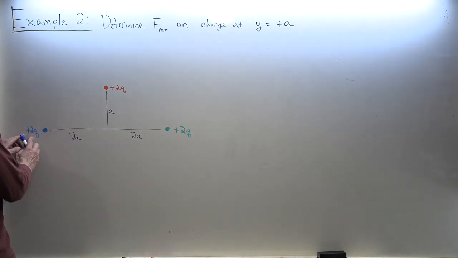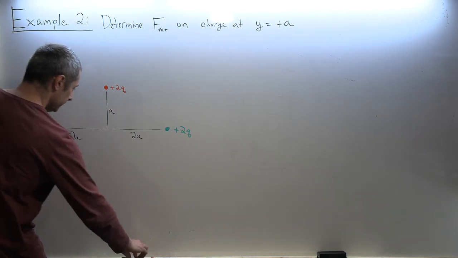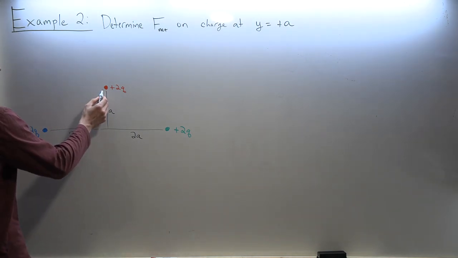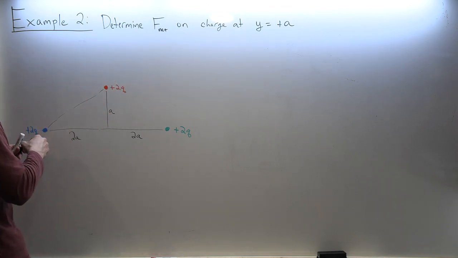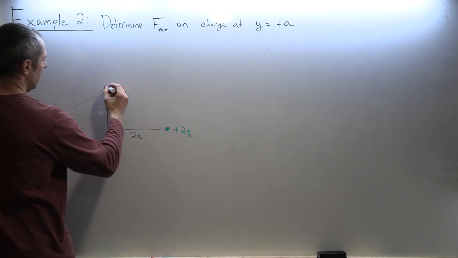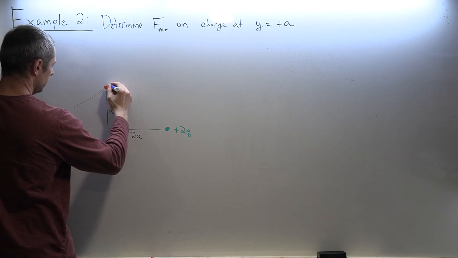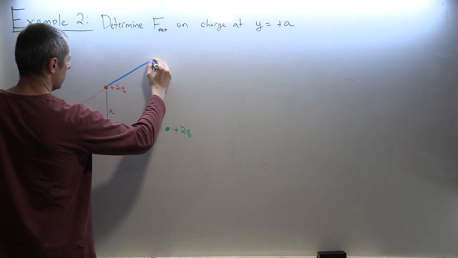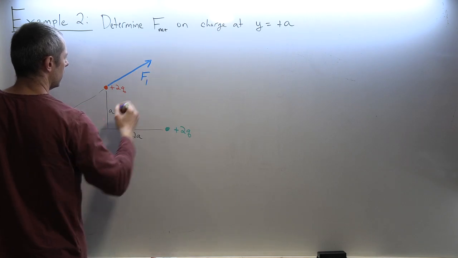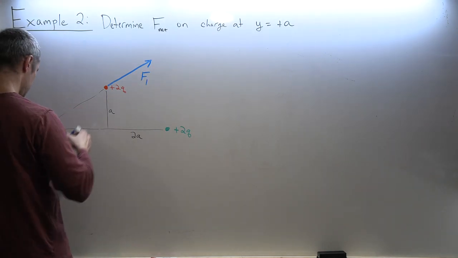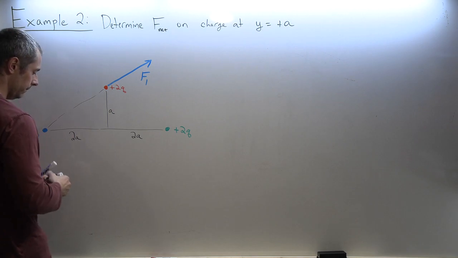So since this is positive, it's going to repel this charge away. And here's the direction. Okay, so it's going to repel it in that direction. I'm going to draw an arrow up like this. Yeah, I guess I could call that F1.